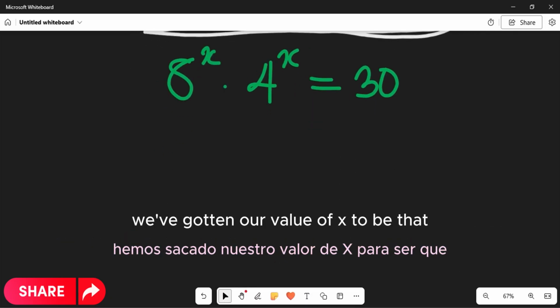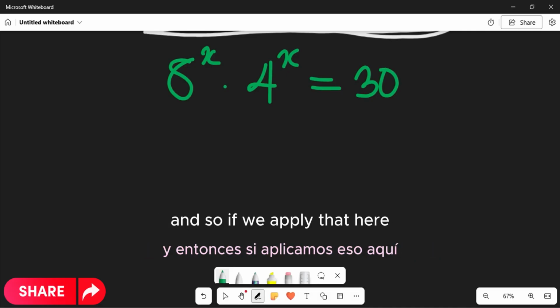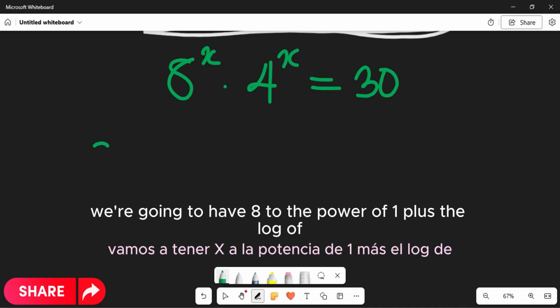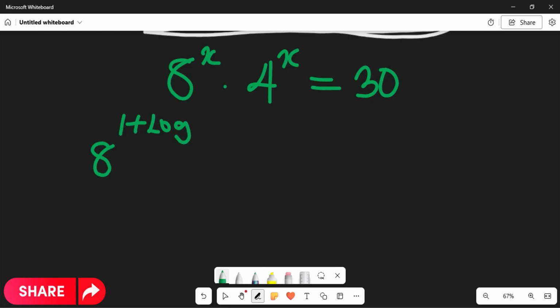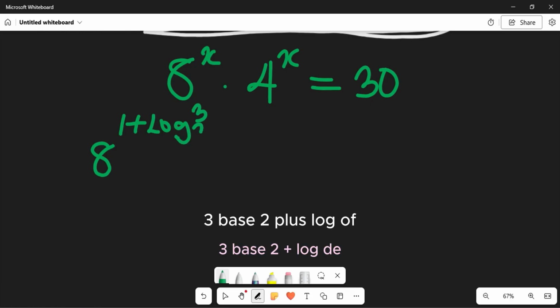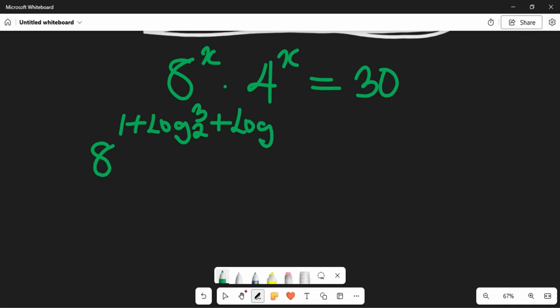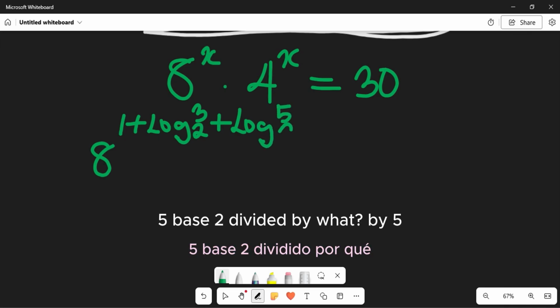From this solution, we've gotten our value of x to be that, and so if we apply that here, we're going to have 8 to the power of 1 plus the log of 3 base 2 plus log of 5 base 2 divided by what?